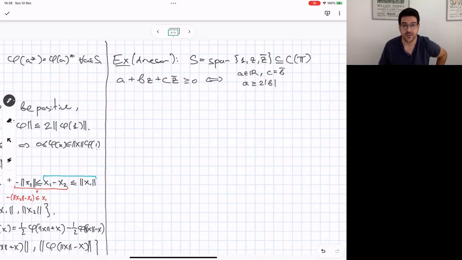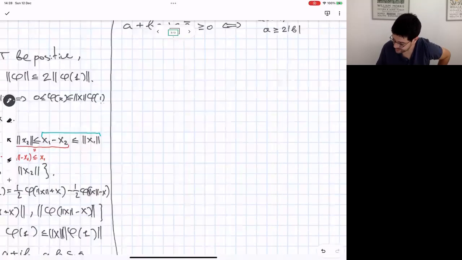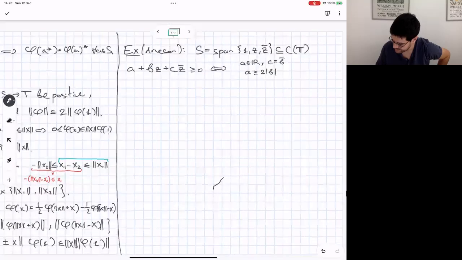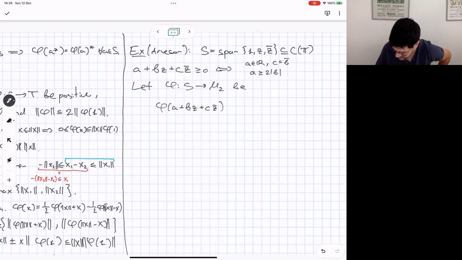It will be self-adjoint if a is in R and c is equal to b bar. And to be positive, you will also need a greater than or equal to the absolute value of b. I mean, this is an easy computation. Now let phi from S to M2 be defined like this: phi of a plus bz plus c z bar is the matrix a, 2b, 2c, a.